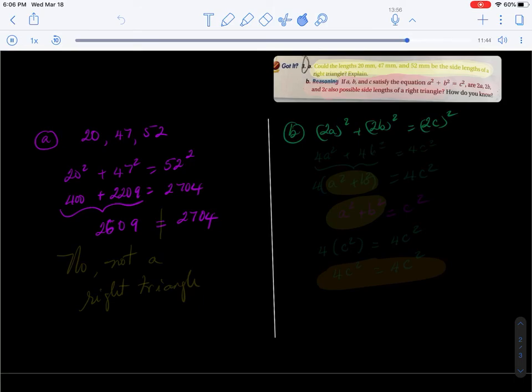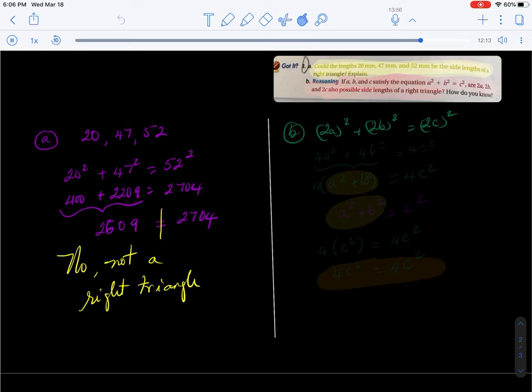Okay, and then I combine them together, and I have 2609 on the left side, and I have 2704. They're not equal to each other. I can make a conclusion that no, it is not a right triangle. In order for it to be a right triangle, both sides need to be equal.